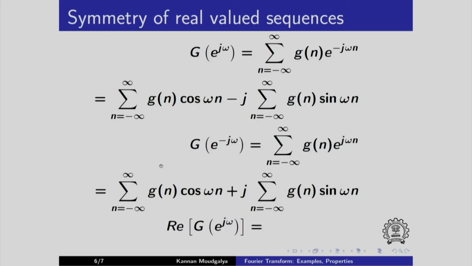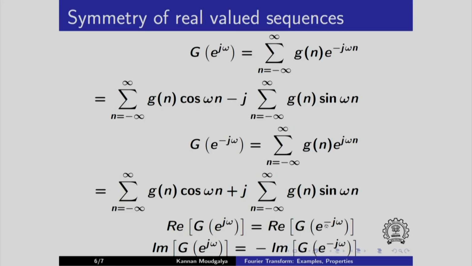So we conclude that the real parts of G of exponential j omega and G of exponential minus j omega are the same, whereas for imaginary you see a minus sign here. So imaginary of this is equal to minus imaginary of this expression. So the real is the same, imaginary has a minus sign.